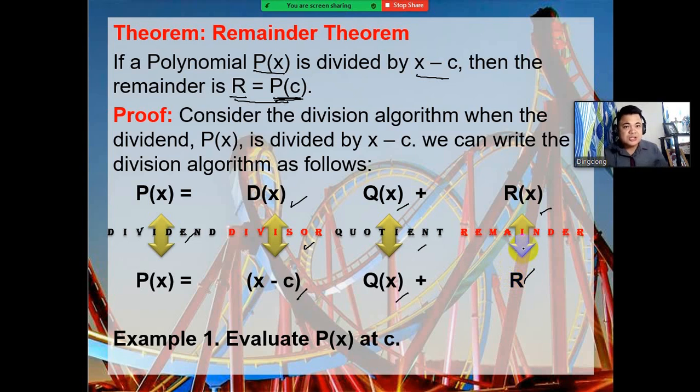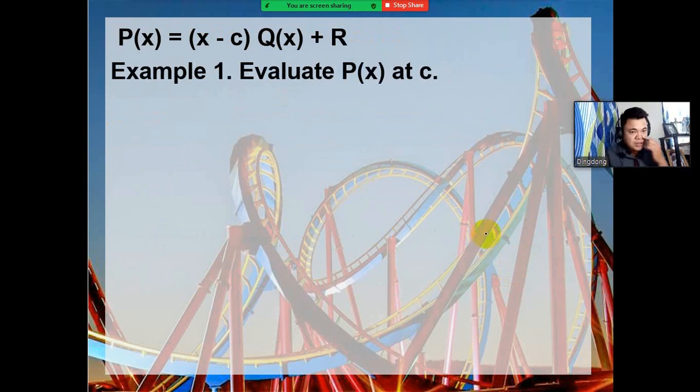Alright? So to complete the proof, let us evaluate using the division algorithm. Evaluate p of x at c. So it means that we are going to substitute or change all the values of x to c. Okay? So we have now p of c equals c minus c times q of c plus r.